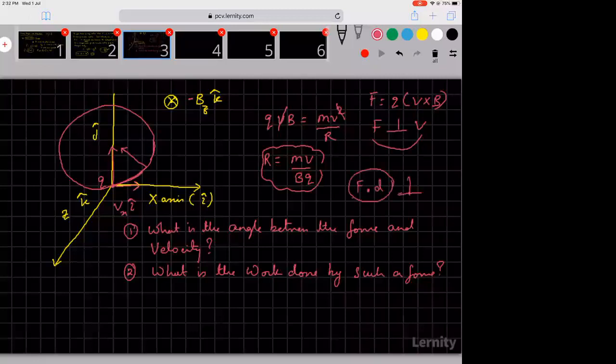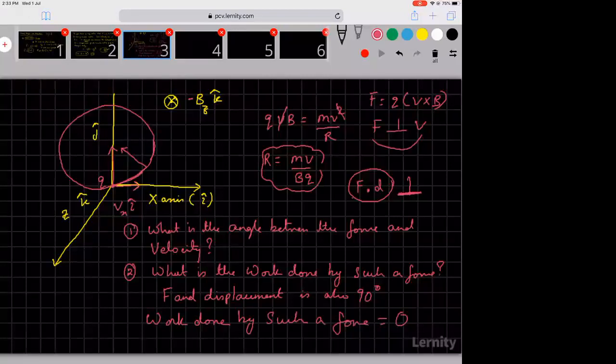So the angle between force and displacement is also 90 degrees. Do you understand that the work done by such a force is zero?